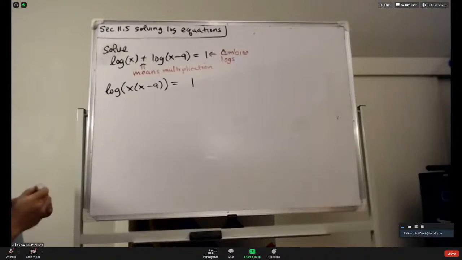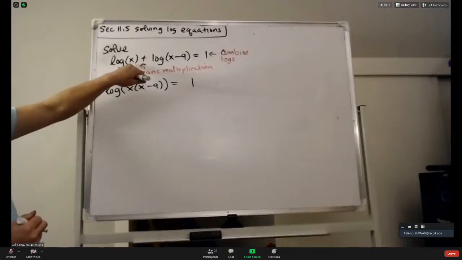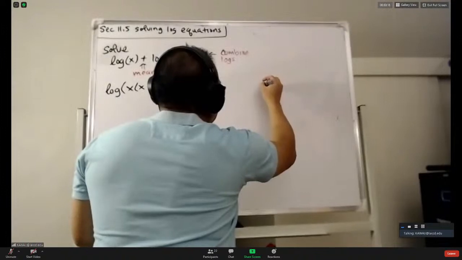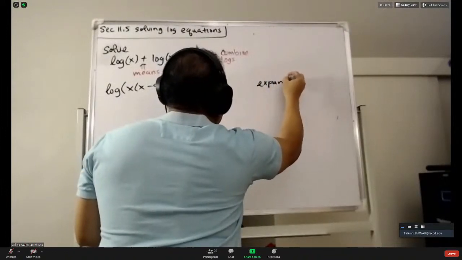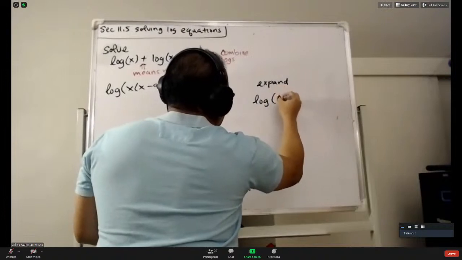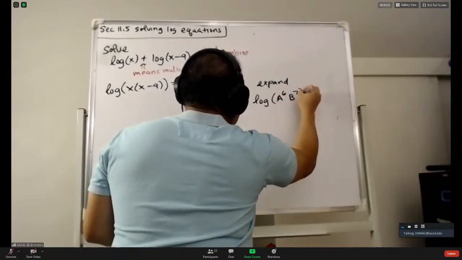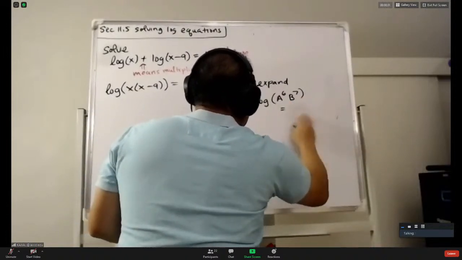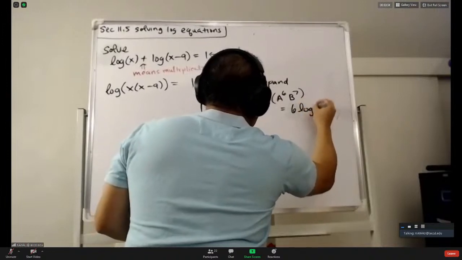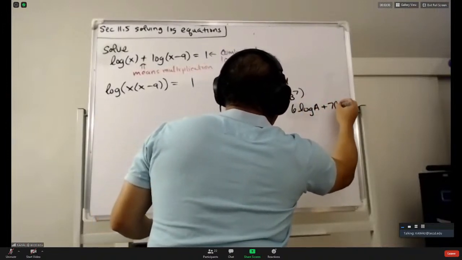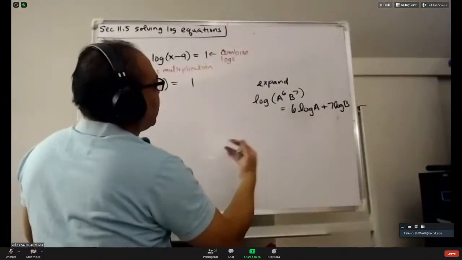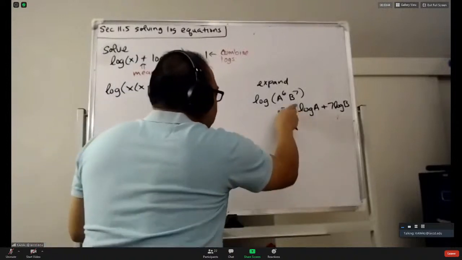Student: Professor, why are you multiplying, not adding? Oh, see, yesterday we had this thing where we said expand log A^6 B^7, and we said that's equal to 6 log A plus 7 log B. Remember we did that at the end yesterday? So what we're doing is we're just going the opposite direction.